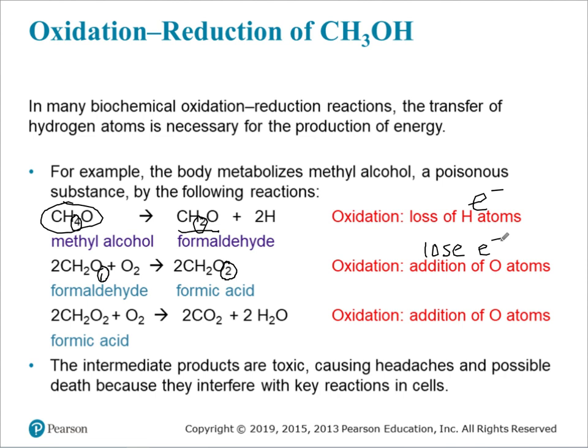Because we have to make a way for those extra electrons from the oxygen atom that's been added to glom on to our molecule of formaldehyde. And then you'll notice the same thing happens again, and we break up this formic acid into carbon dioxide and water. So we're losing more electrons.